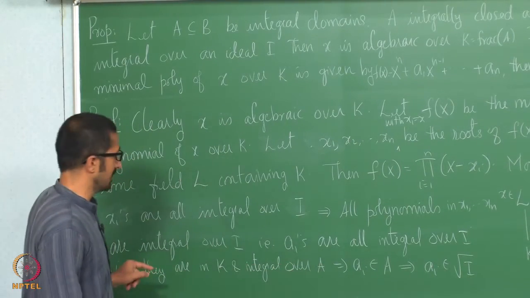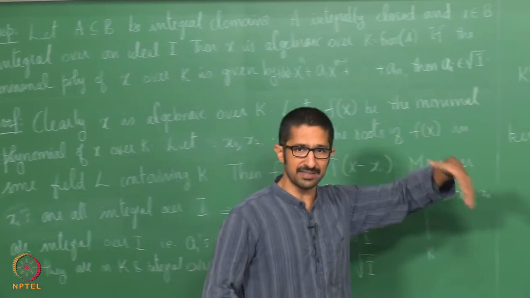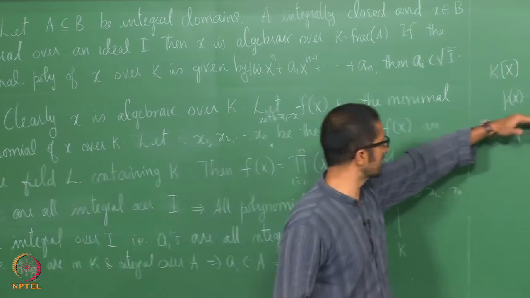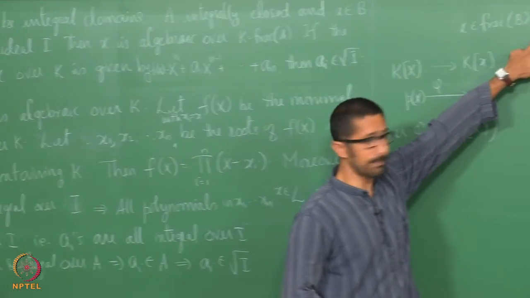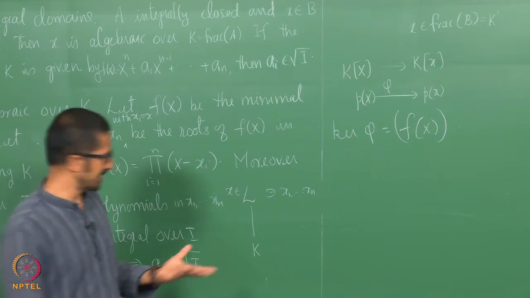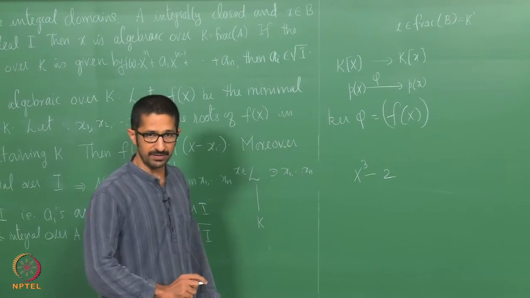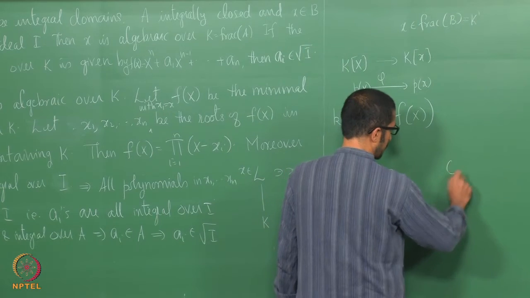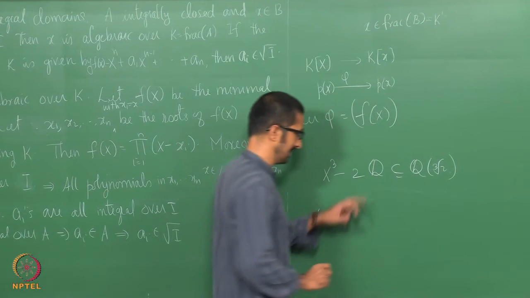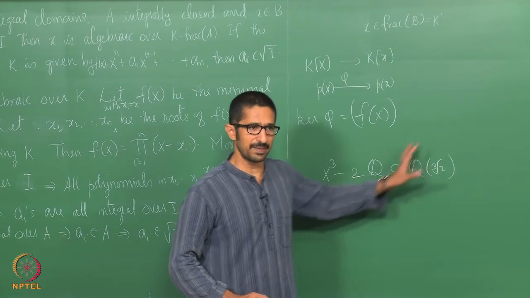Now, let us look at all the roots of this. They need not necessarily be in K itself, not necessarily in the fraction field of B, K prime itself, they will be in some field somewhere. For example, if you take the polynomial x cube minus 2, and B to be Q adjoined cube root of 2, then all the roots of this are not here, right, they will be somewhere.